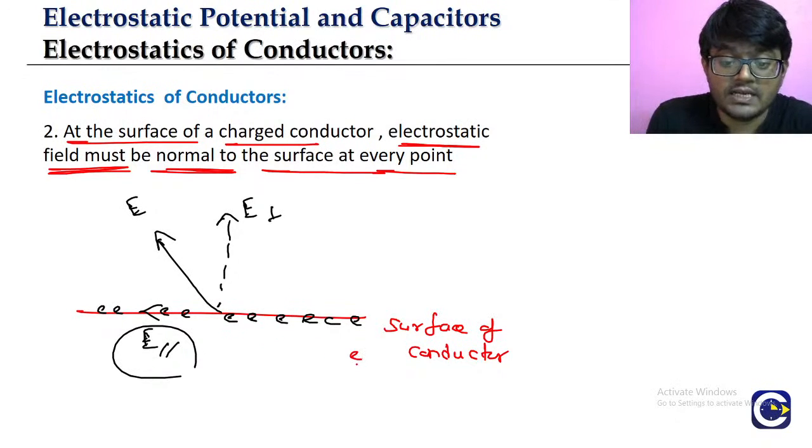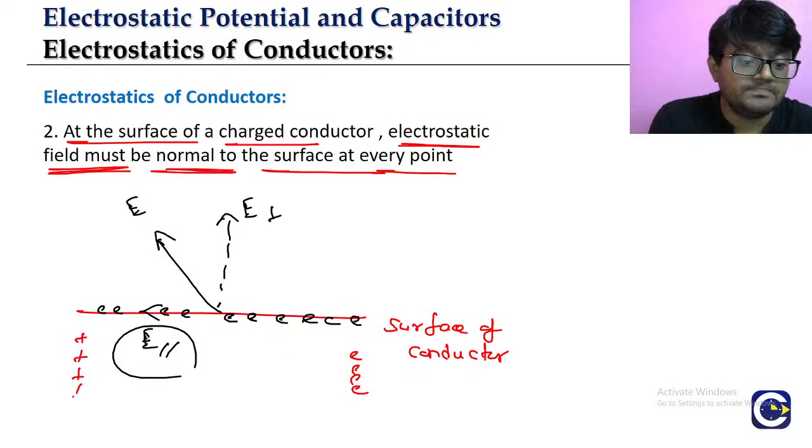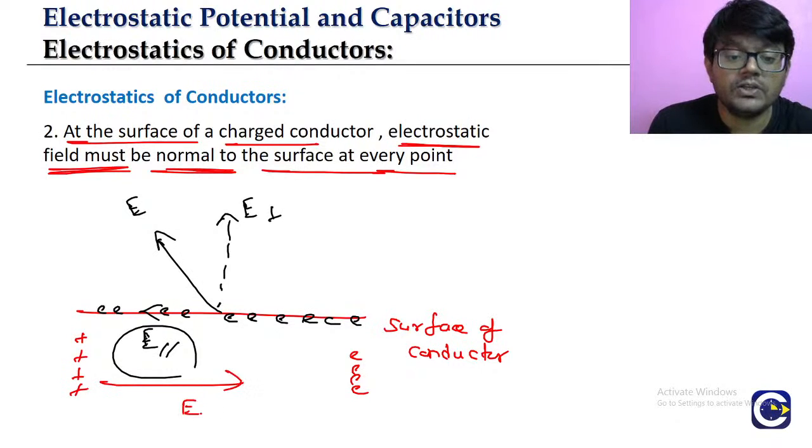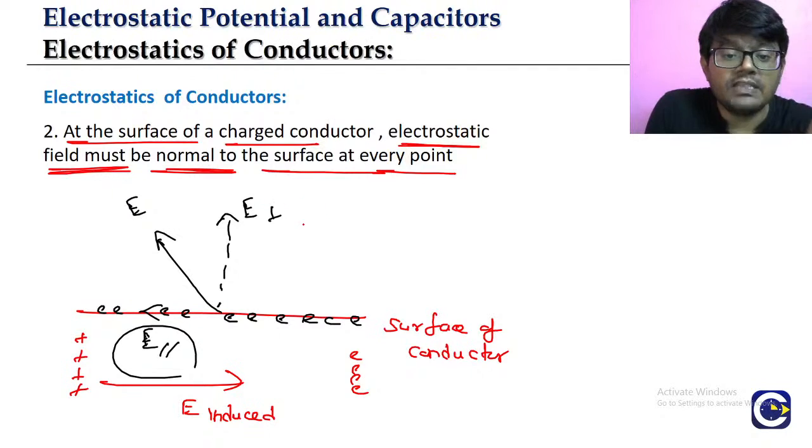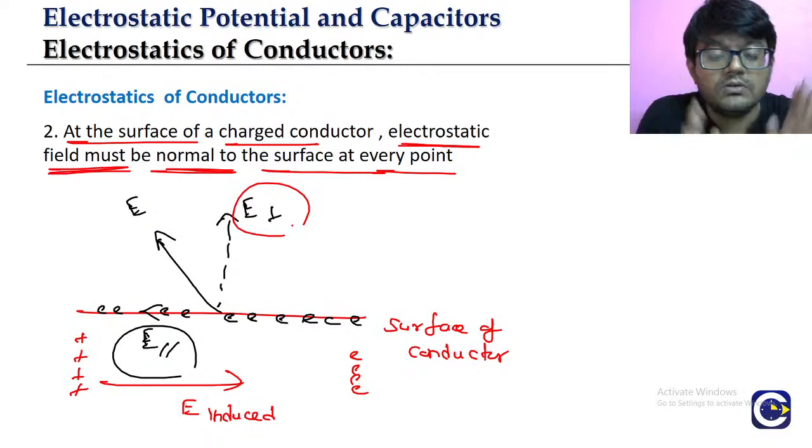So the right side will have electrons, and this side will have positive charge accumulation. So we will get an induced electric field which will oppose it till the net is zero. So only the perpendicular component will remain.